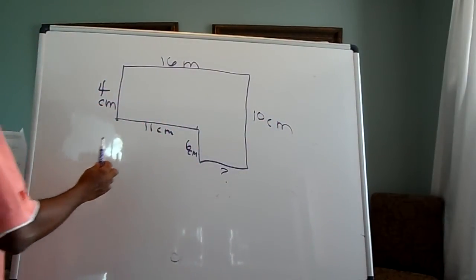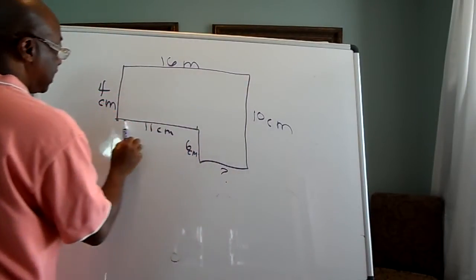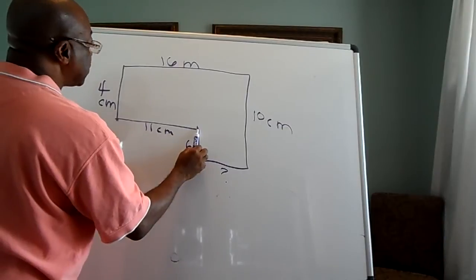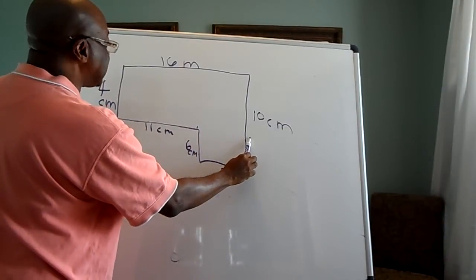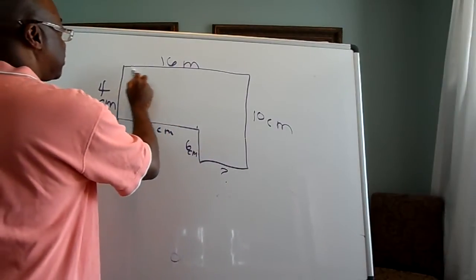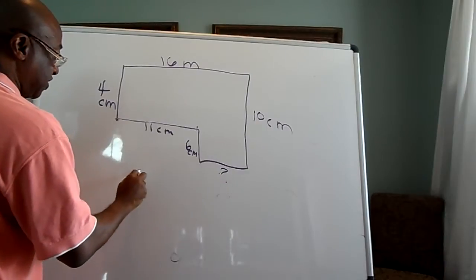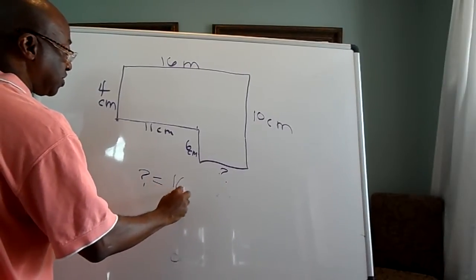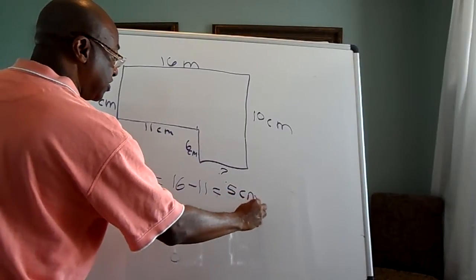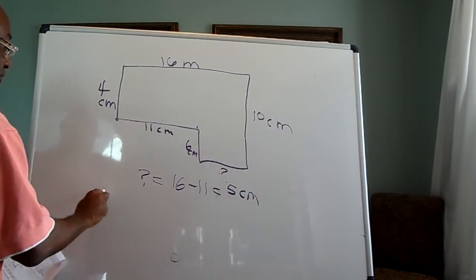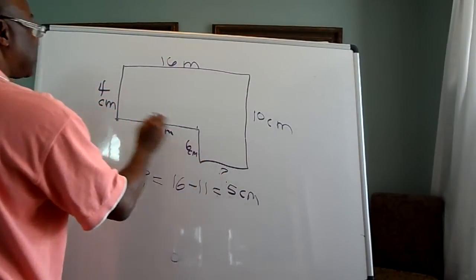Now, the key to this is to look here. This whole side is 16. This side from here to here is 11. Remember, this whole length needs to be 16. So the difference, this longest side minus this shorter side, would give you this. So question mark is equal to 16 minus 11, which is 5 cm. So to get the perimeter, all you do is add all these sides.